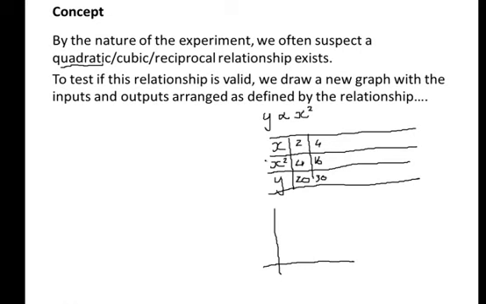So now, instead of plotting X versus Y, we now plot X squared versus Y. And if you end up with a straight line, which would usually be aimed towards the origin, once you get this straight line, you've now verified that y is proportional to x squared.